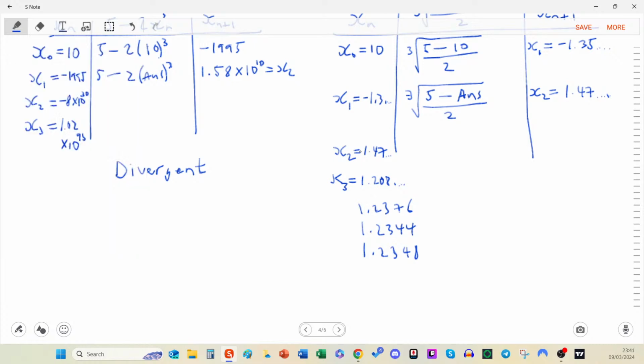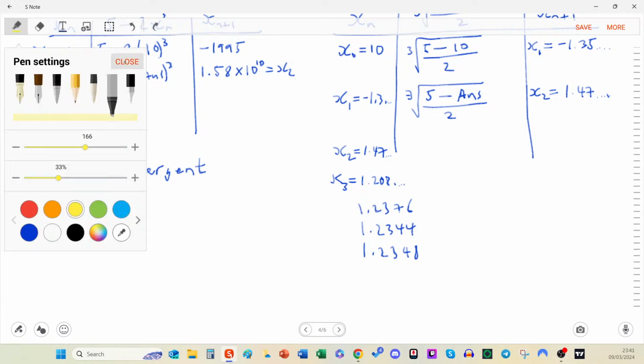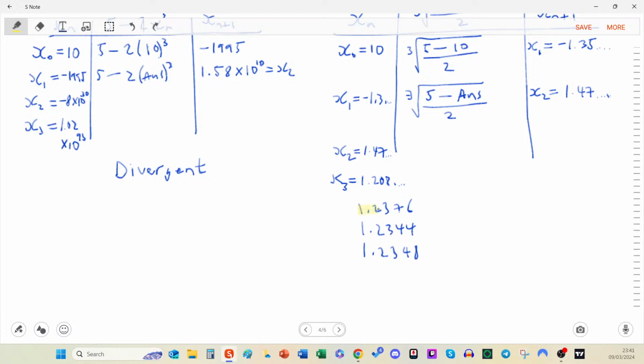And to highlight what's happening, in the first instance, none of them were consistent. We have 1.208, which is inconsistent with the previous one, but then all of a sudden we've got, let's choose a different color there, hold on, yellow, 1.2, which is consistent with the previous 1.2, and then the next one along, we've got 1.23, which is consistent previously, and then 1.24.